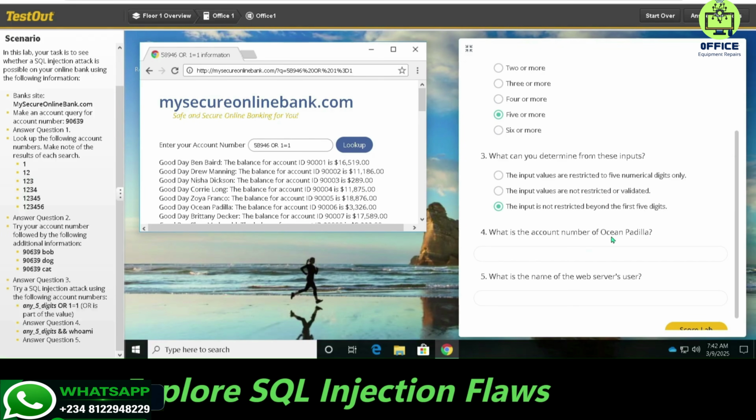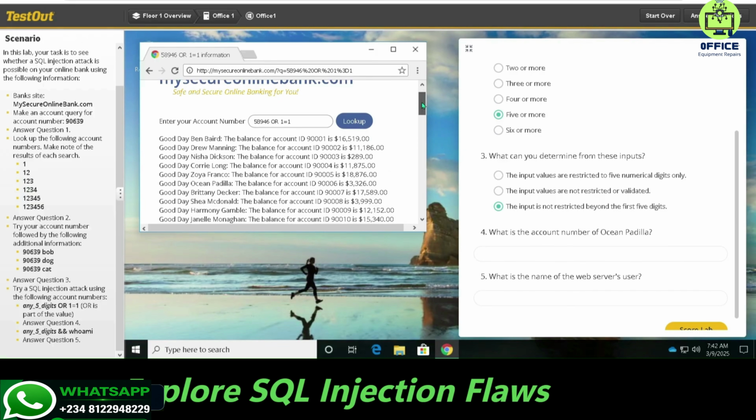What is the account number of Ocean Padilla? So the account number of Ocean Padilla is going to be 90,006, and that is the account number.